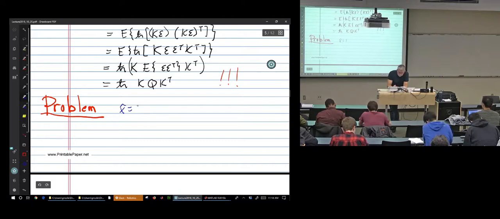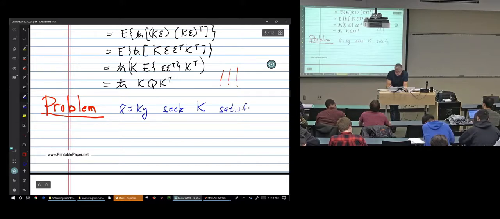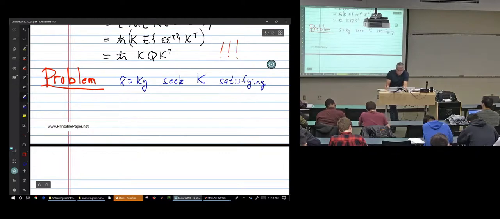So here's our new problem. X hat equals K times Y, and we seek K satisfying... okay, so I'm going to call this K hat.